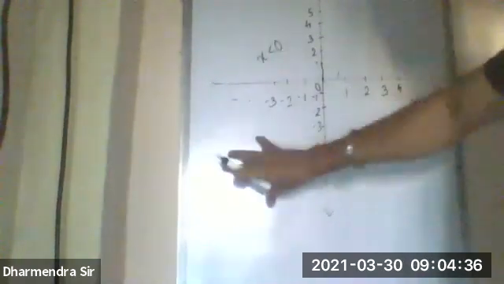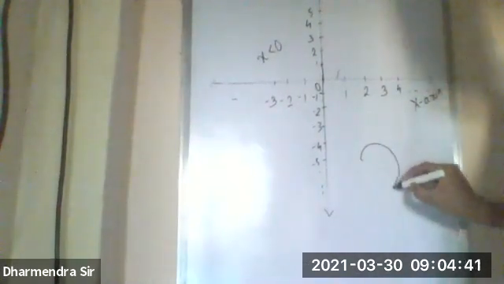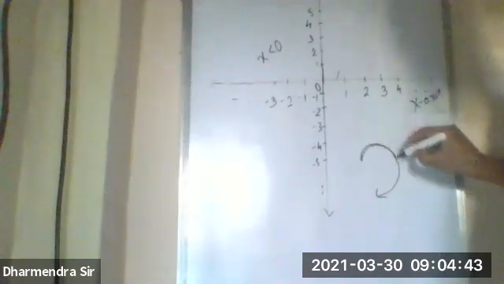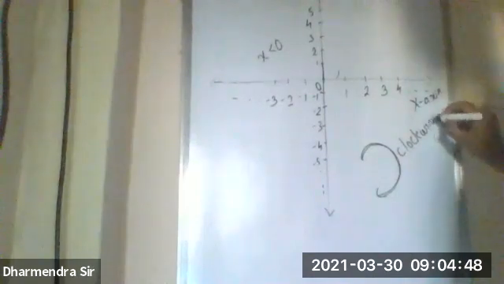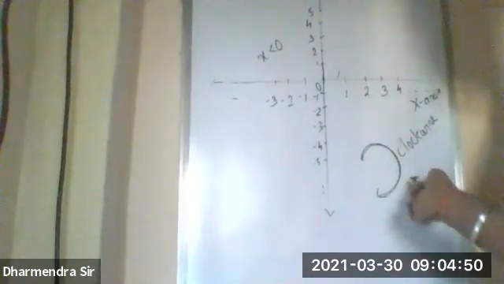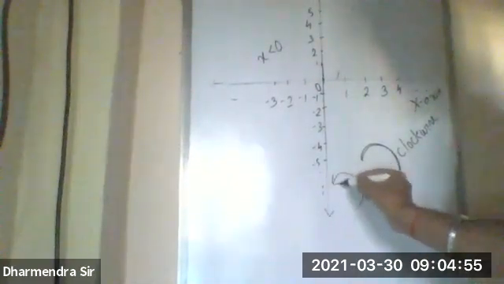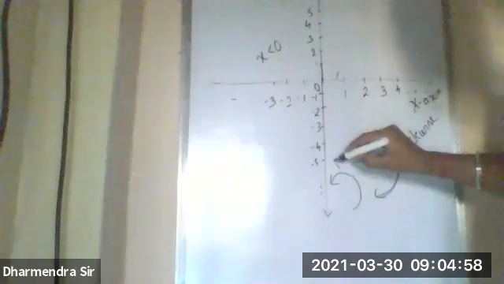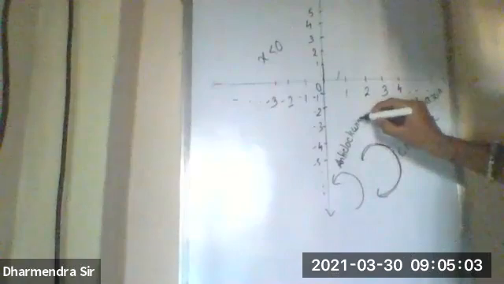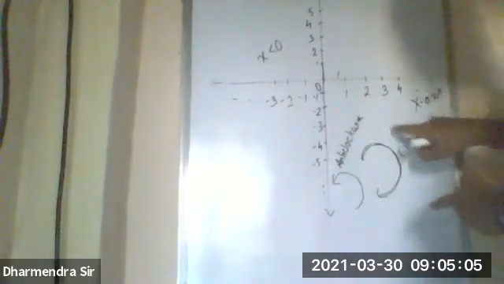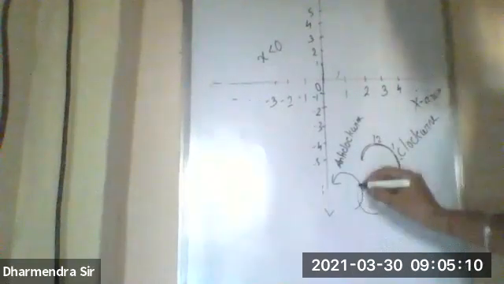1, 2, 3, 4. If I'm starting from here and going like this, this is clockwise. And if we are going opposite to it, like this, this is called anti-clockwise. As a clock moves, 12, 1, 2, it moves like this.